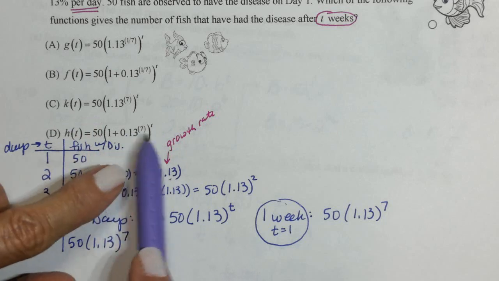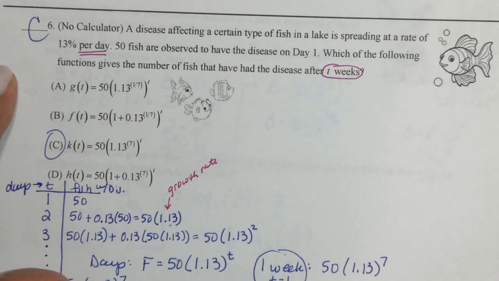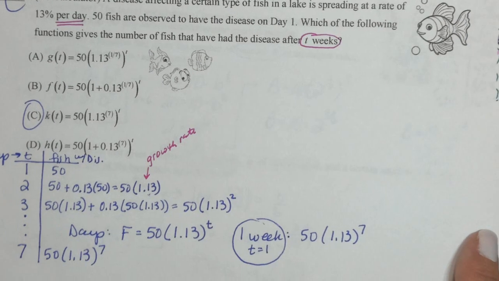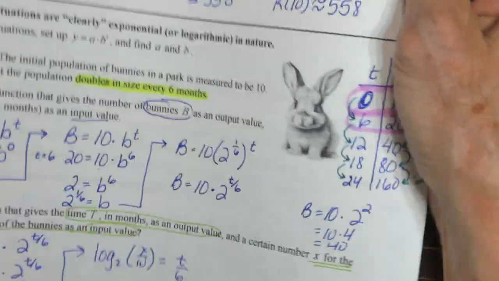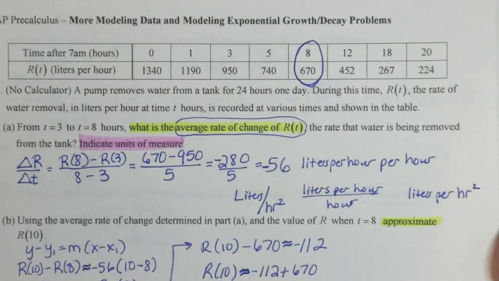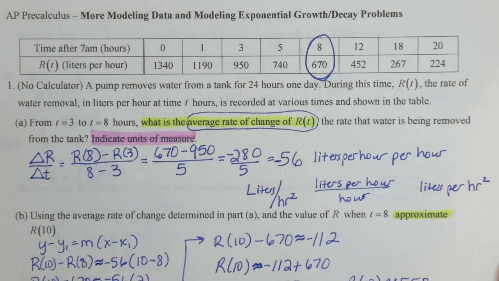It just has 0.3 to the 7. So the answer here is C. That's thinking through it logically. These are definitely thinking problems. So you need to spend a little time and make it make sense to you. Don't expect it to come to you immediately. Just spend some time.